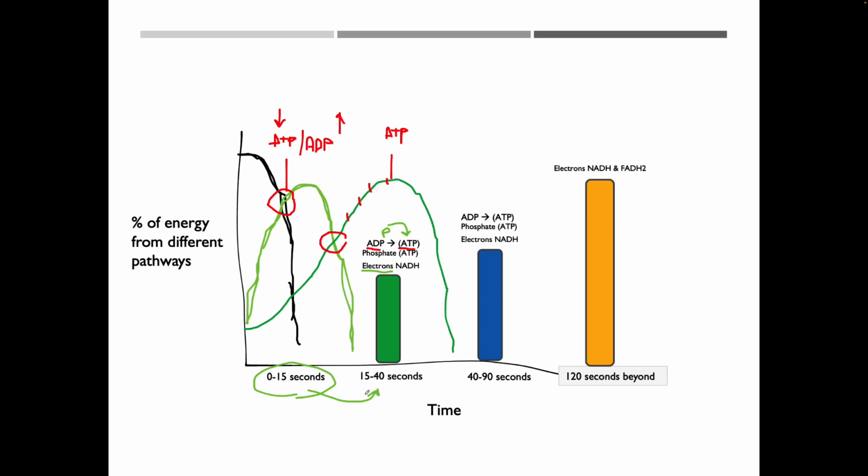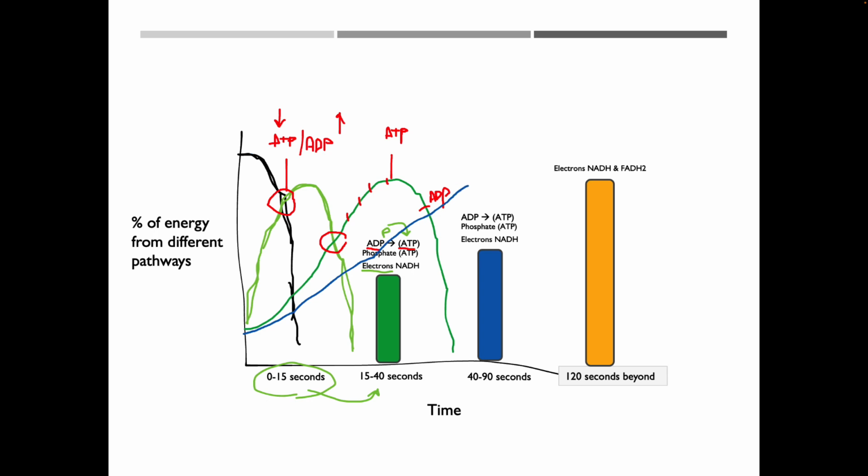Okay, now what's going to happen? Well, if we exercise for longer than 40 seconds, that system is going to start becoming depleted. And here is where we start to get higher levels of the ADP. So now you should be saying to yourself, okay, if the ADP levels are rising, what's going to happen? Well, we have to have another shift, right? So ADP levels start to rise, ATP levels start to go down, so that starts to mobilize this next pathway.